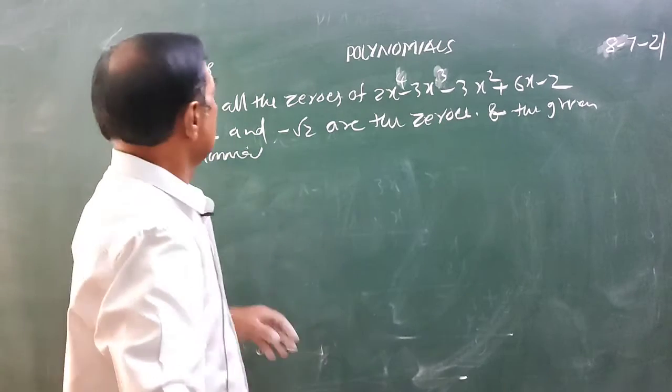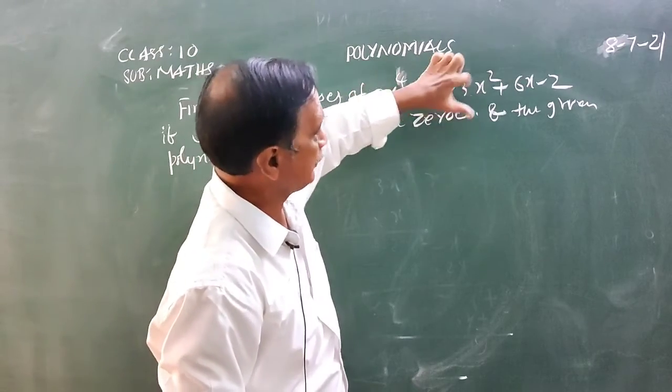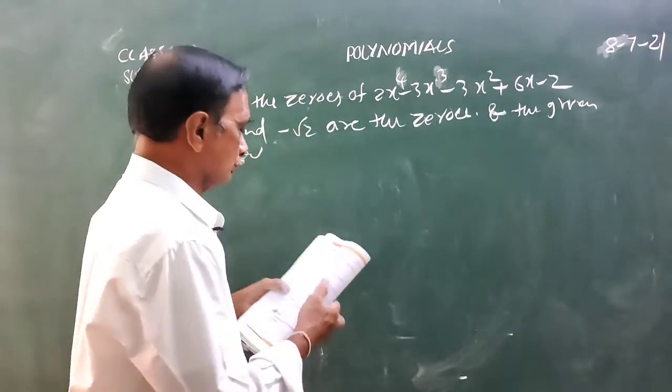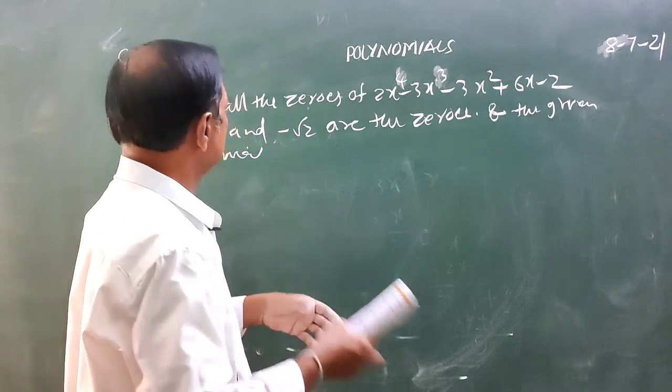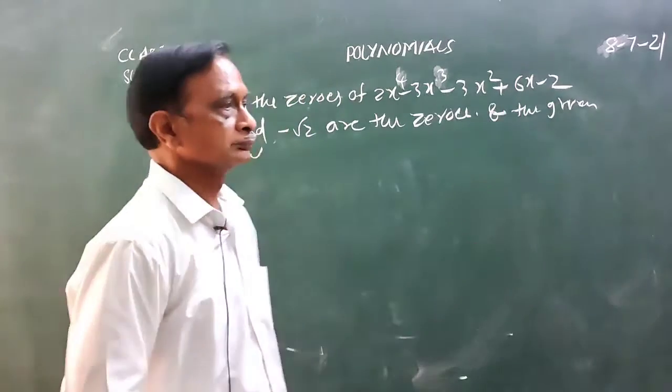Find all the zeros of the polynomial 2x power 4 minus 3x cube minus 3x square plus 6x minus 2 if root 2 and minus root 2 are the zeros of this polynomial.